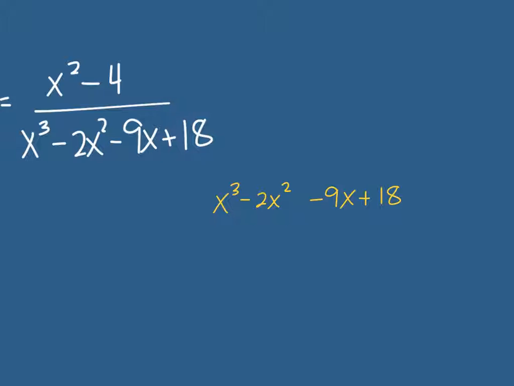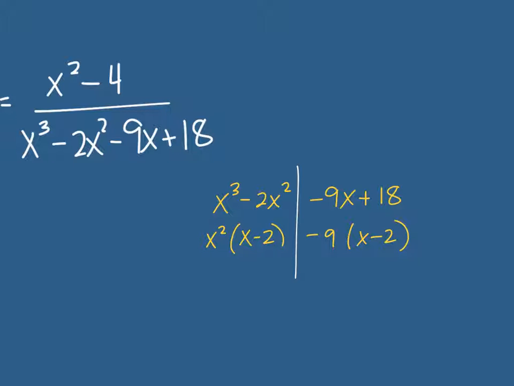To factor a cubic, if you don't remember, you're going to split it down the middle. Separate the first 2 terms from the last 2 terms and just factor each pair. What could you take out that's common between the first 2? X squared, leaving you with x minus 2. What can you factor out of the back 2? A negative 9, leaving you with x minus 2. And then what could you factor out of both sides?